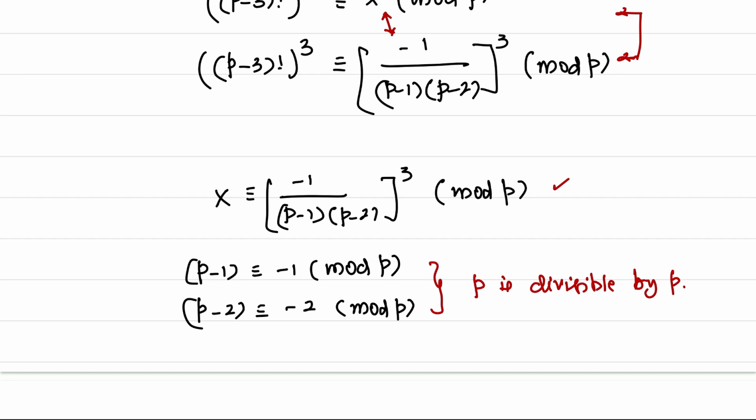There is no other meaning. We are only just seeing the denominator and writing like this.